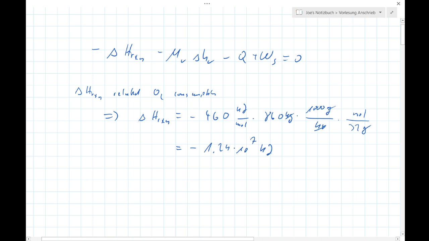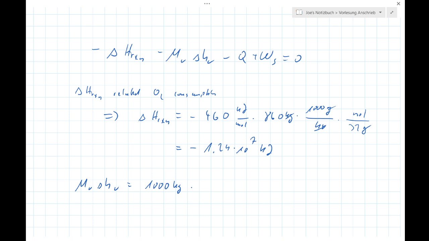So my latent heat is simply mV delta HV is equal to, I have 1000 kilogram. And now I go to the steam tables where the latent heat is listed. I need to know the latent heat at 30 degrees. And this is simply listed at the steam table. So I'll look it up. So you have this table there.